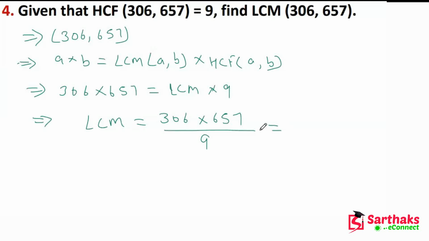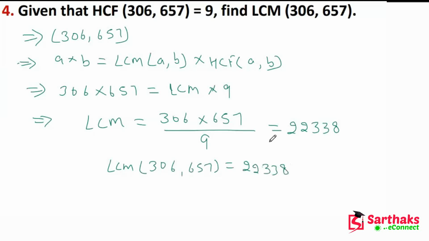Yes, the final result is 22338. So LCM of 306 and 657 is equal to 22,338.